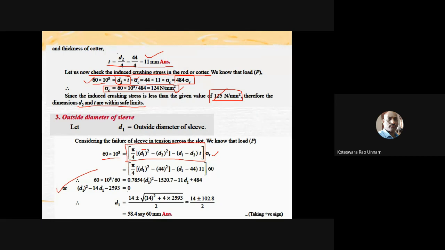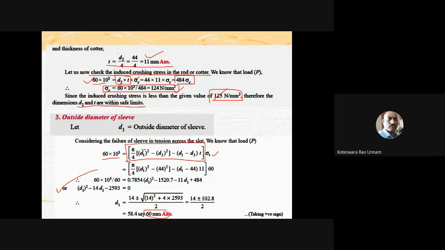We will ignore the negative root because we don't have any negative dimensions. So always you have to consider the positive value only. If you take the positive root, it comes out as 58.4 mm. Let us say we'll round it up to 60 mm. That means now we have calculated the three dimensions D1, D2, D.